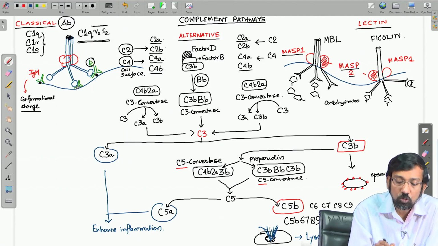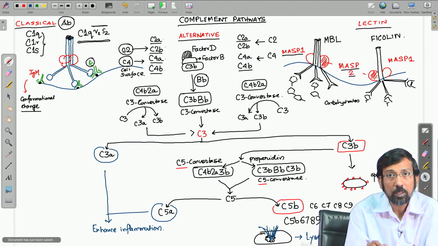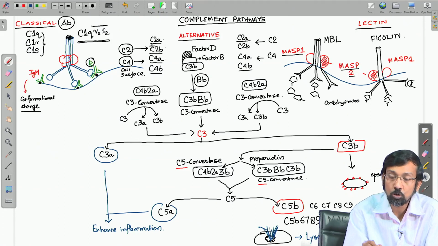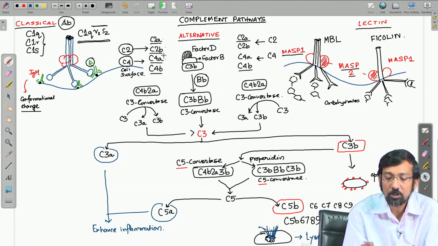Now, this C1q R2 S2 can cleave two complement proteins C2 and C4. C2 can be cleaved into 2a and 2b, and 4 is cleaved into 4a and 4b.